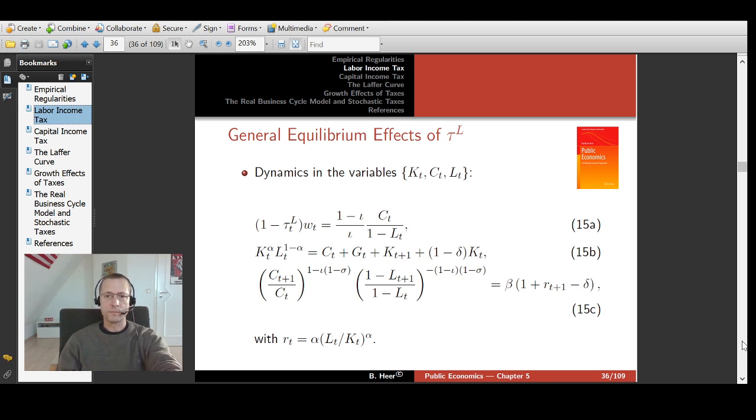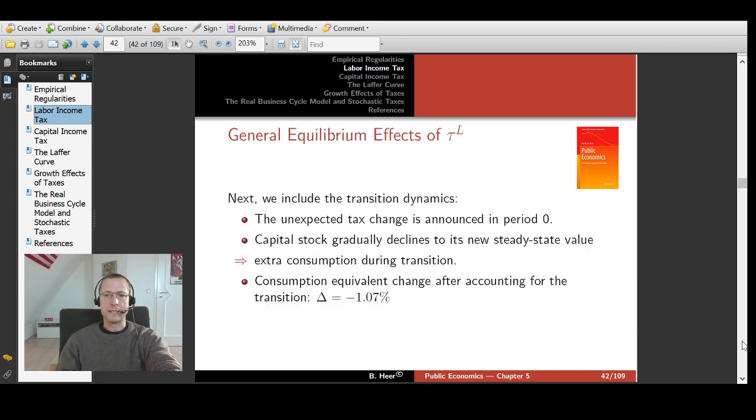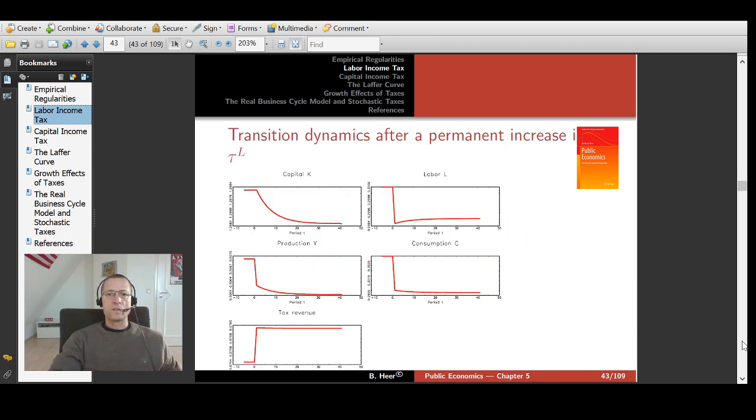How does it work? Let's go back to the slide. We start in period 41, where the capital stock has attained its new steady state value for the labor income tax rate tau L equal to 24%. Then we provide a guess for the capital stock in period 40, and we have to compute labor and consumption in period 40.